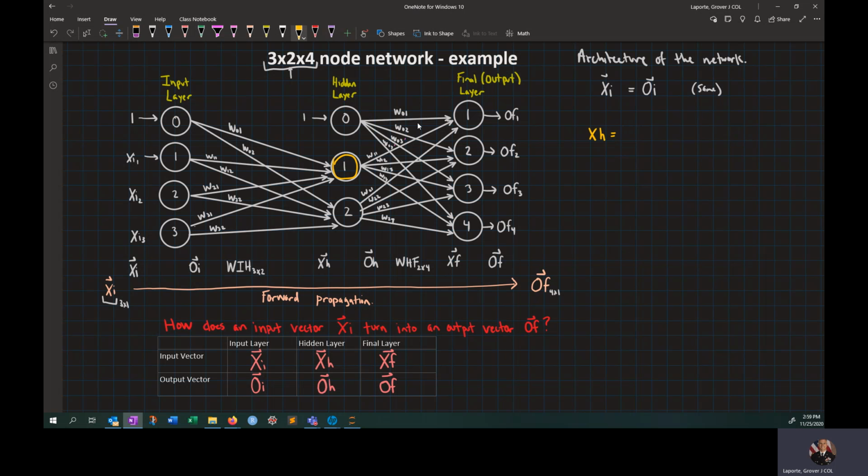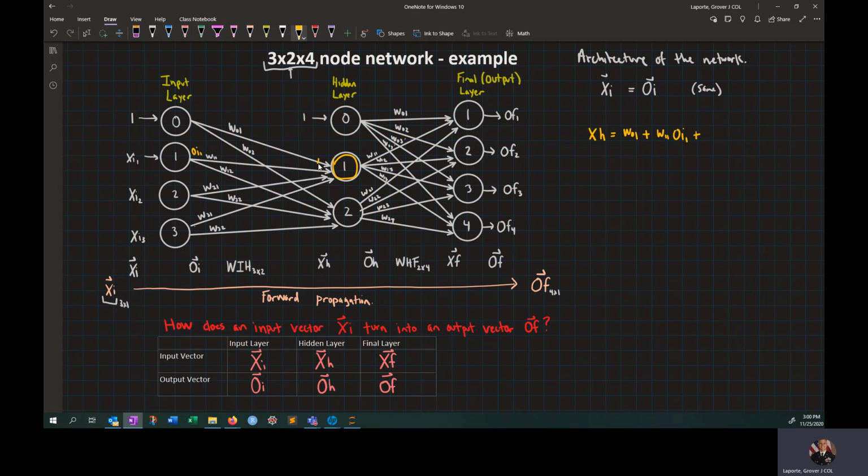Well, W01 times 1, so I can just put W01. Simple enough. Plus, what else is coming in? This little arc here represents the weight W11, and I have to multiply it by the thing that's coming out, OI1, because we just said they were equal. So it's W11 times OI1. Then, what else is coming in?